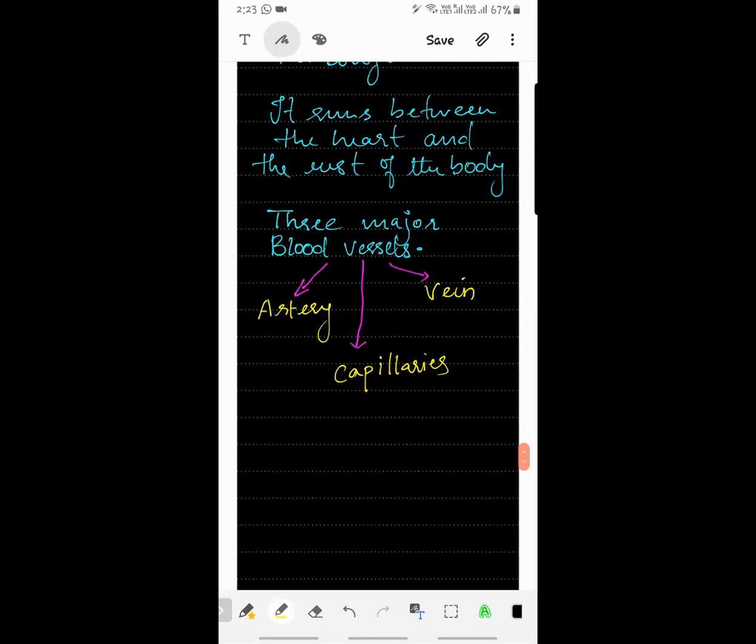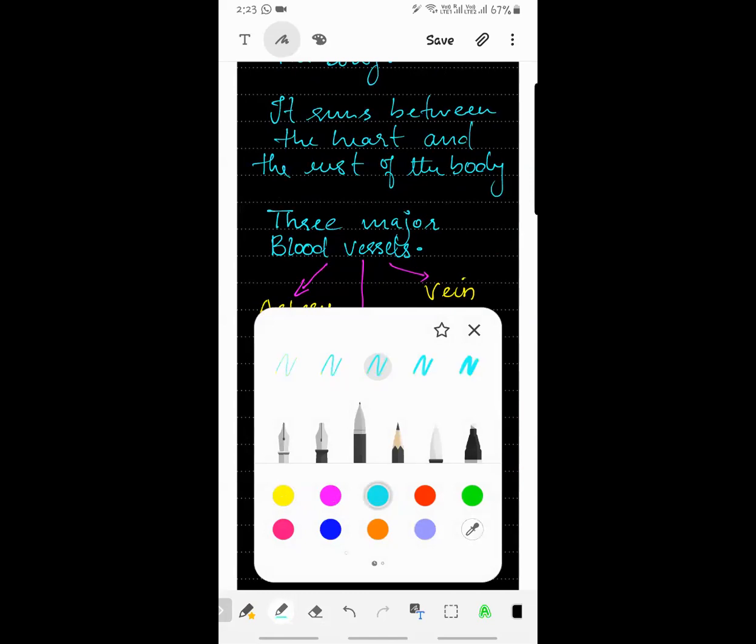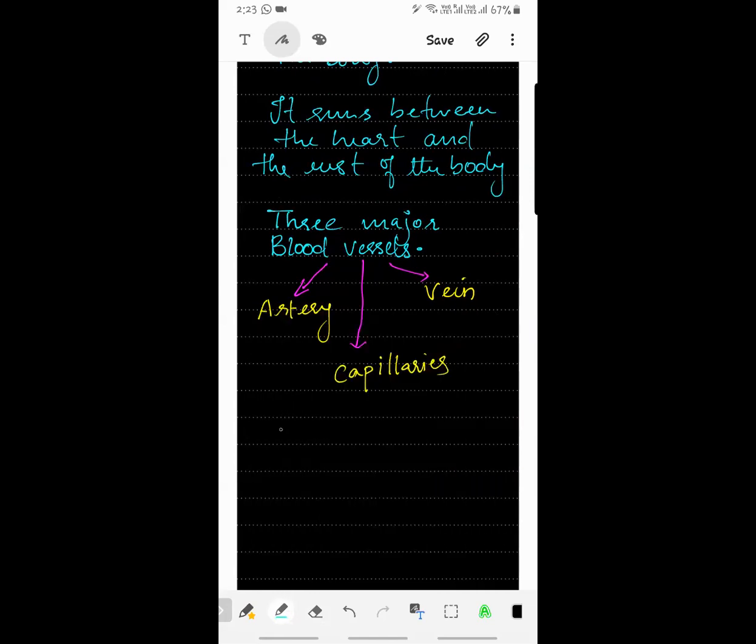First we'll see about arteries. Arteries carry blood from the heart to all parts of the body, because they carry oxygenated blood.